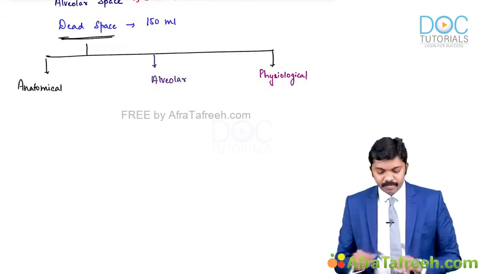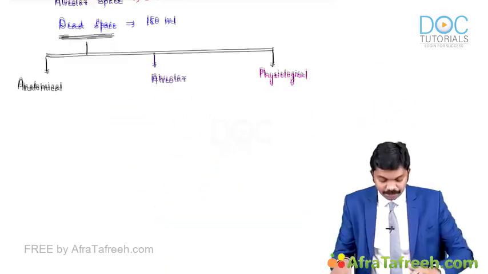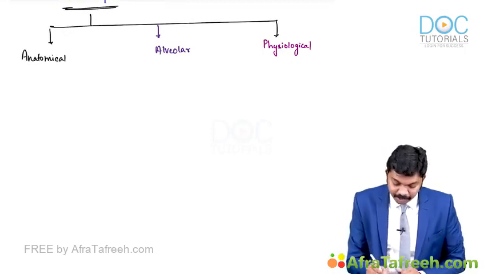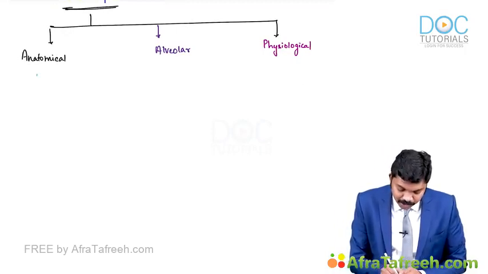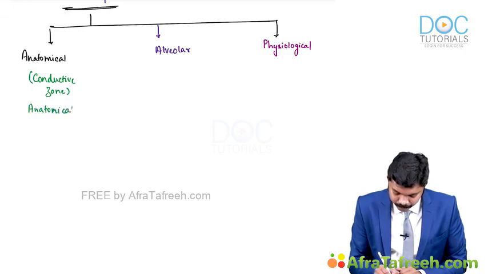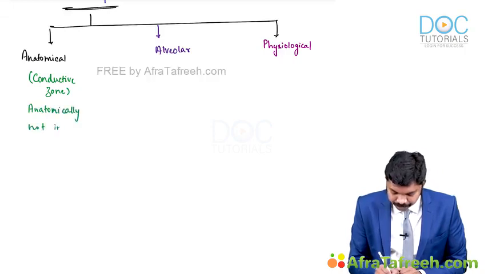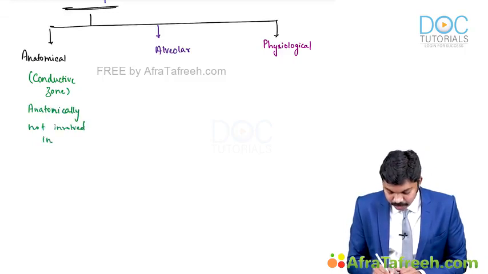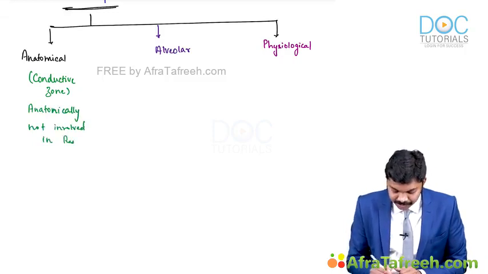Fine, we have anatomical dead space, alveolar dead space and physiological dead space. Do not think anatomical dead space is separate, alveolar dead space is separate, physiological dead space is separate, not like that. I will tell you now. When it comes to anatomical dead space, my dear friends, it involves the conductive zone, that is all. Conductive zone which is anatomically not involved in respiration or gas exchange.